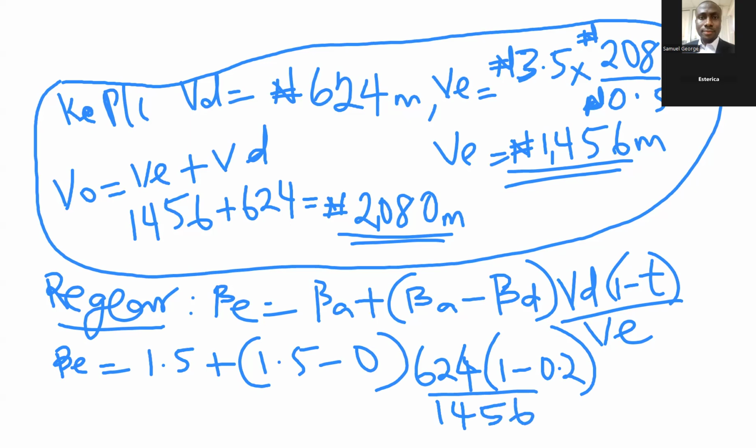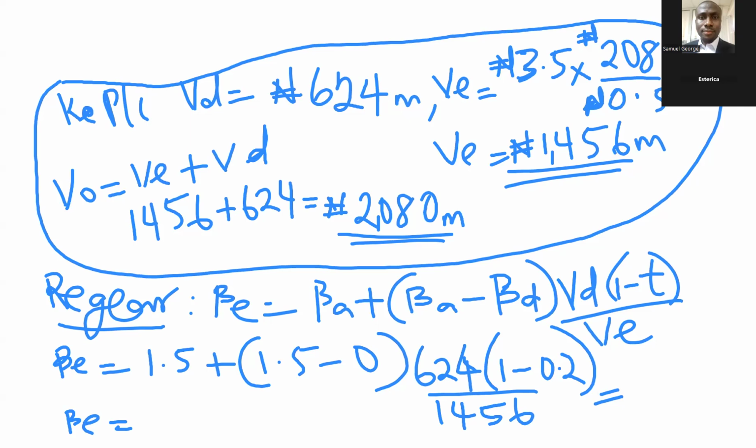So our beta equity will be equal to 624 times 0.8. How did I get 0.8? 1 minus 0.2 is equal to 0.8.